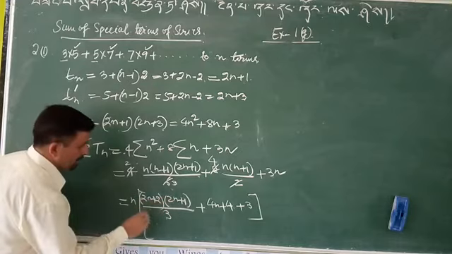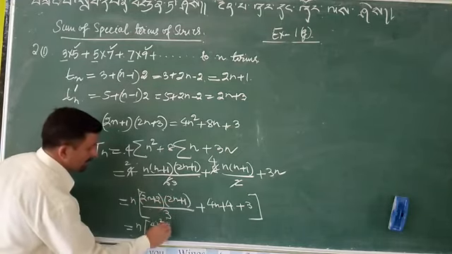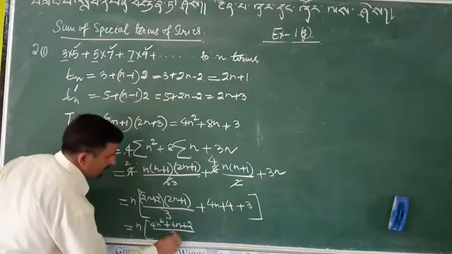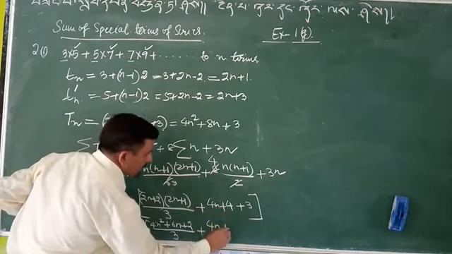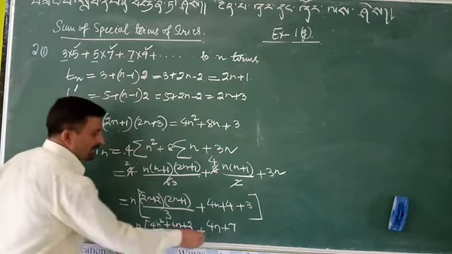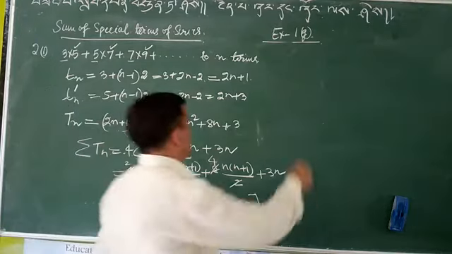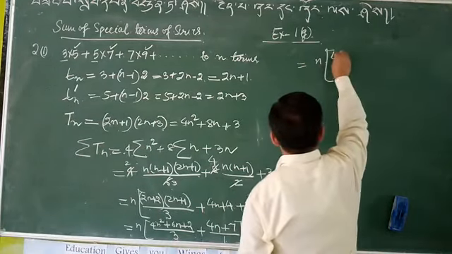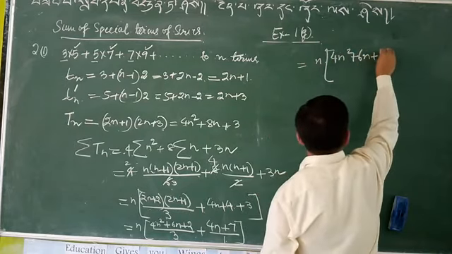Now we are going to multiply. This is 4n square, this is 2n and this is 4n: 6n plus 2, divided by 3. And this is 4n plus 4 plus 3, 7. Is it okay? Now because this is a fraction, can we consider this also to be a fraction? Yes, sir. Now, next step. n into (4n square plus 6n plus 2).